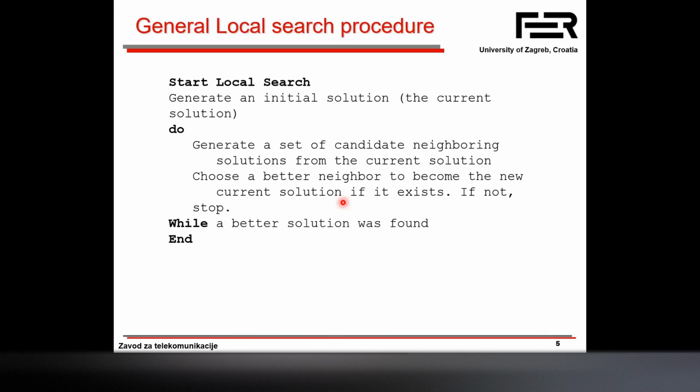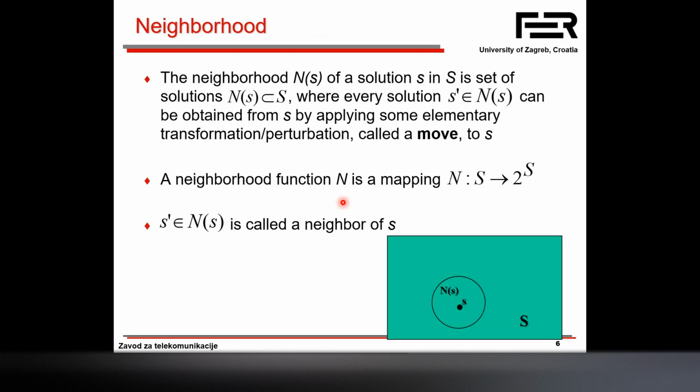So the idea is that, as I said, we advance the search until we reach some kind of a locally optimal solution. When we say neighborhood, usually it's denoted as N(S) of a solution S. So I have a certain solution which is a part of my overall search space, S. The neighborhood contains all solutions that can be obtained from my original solution by applying some kind of an elementary transformation or perturbation, which we refer to as a move.